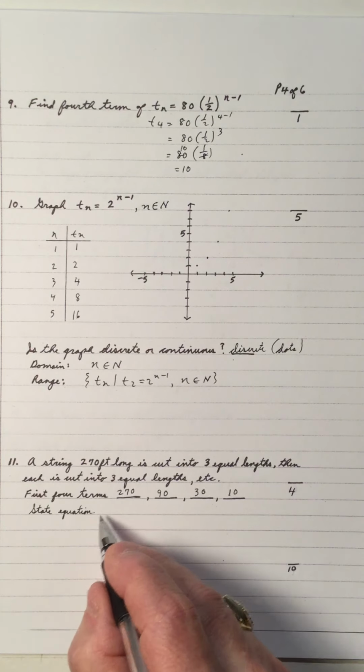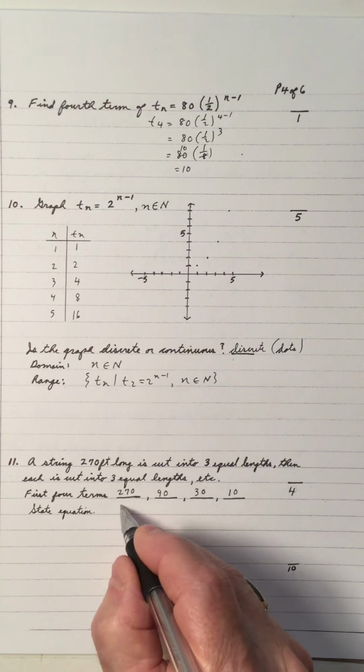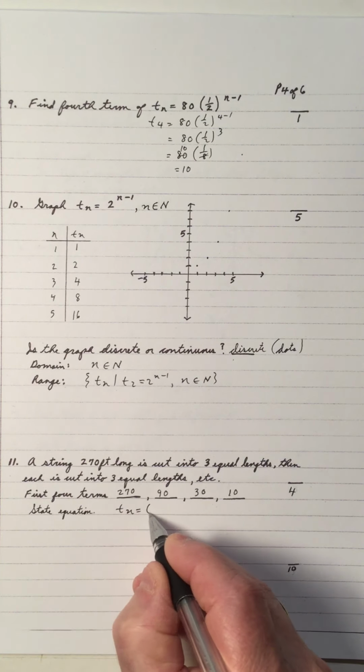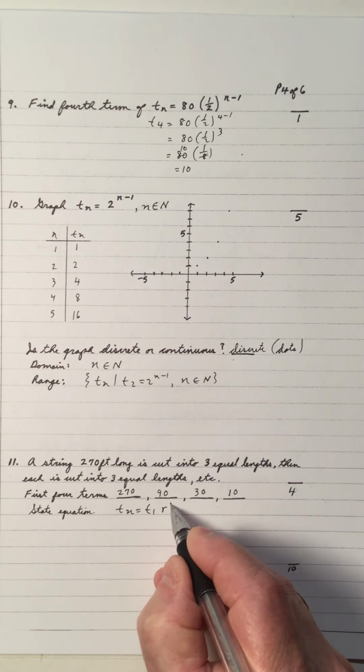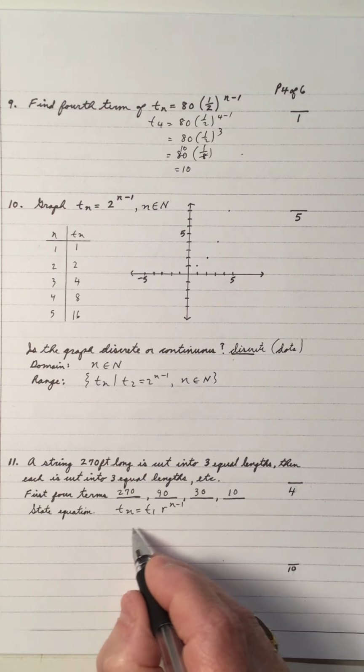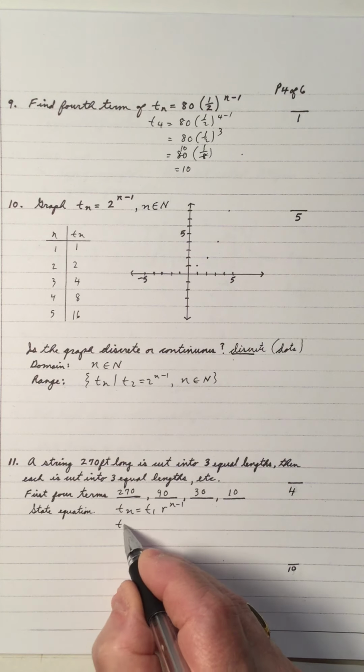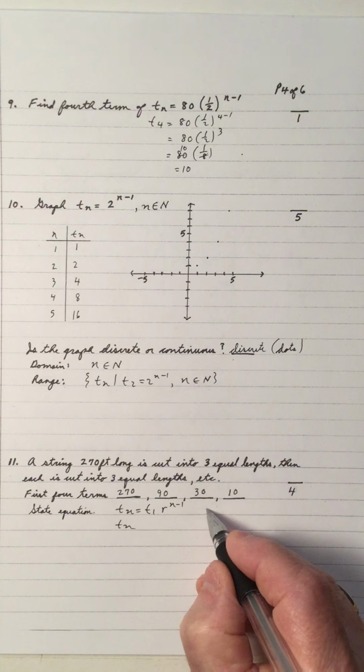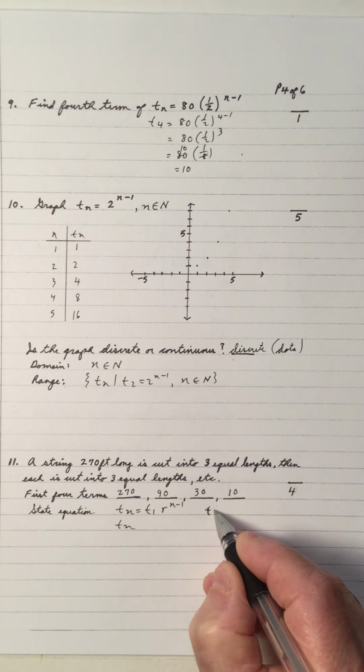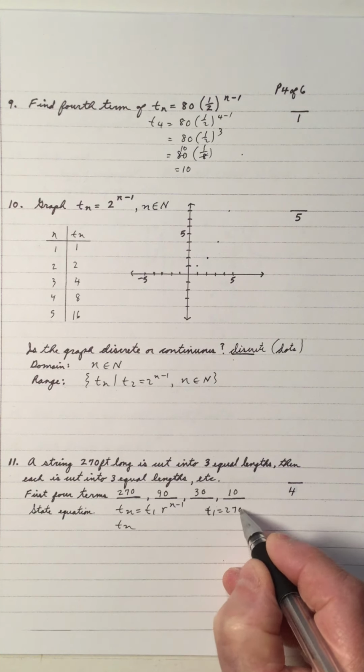So notice that this is similar to a geometric sequence, so it's Tn equals T1 times R to the n minus 1. So the first term, T1, is 270.